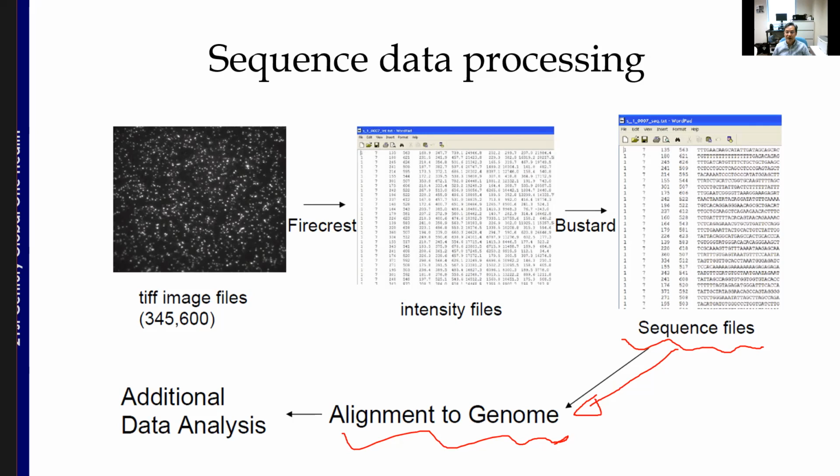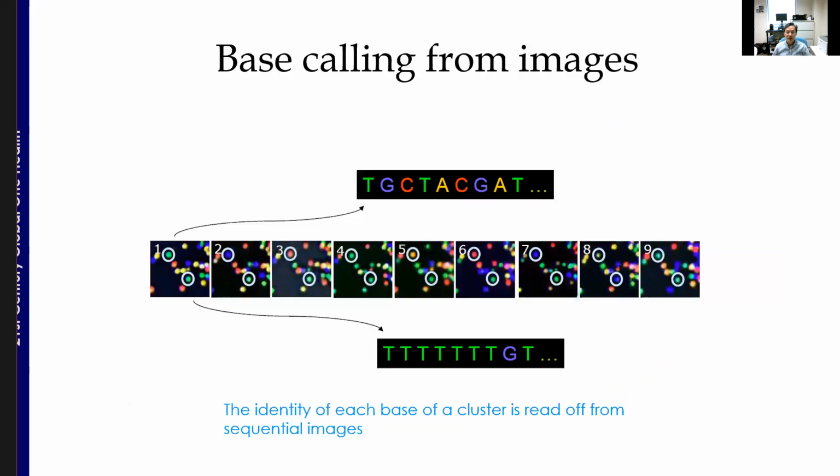Or if you don't have any reference genome, you want to reassemble the genome from scratch. After that, you have additional data analysis. So this is a concept map here.